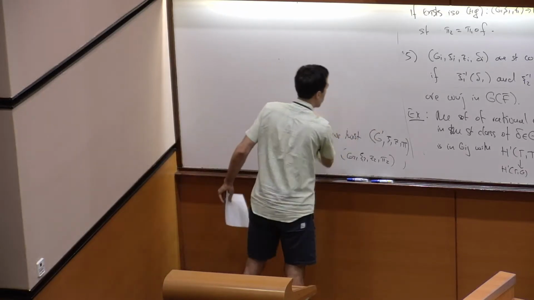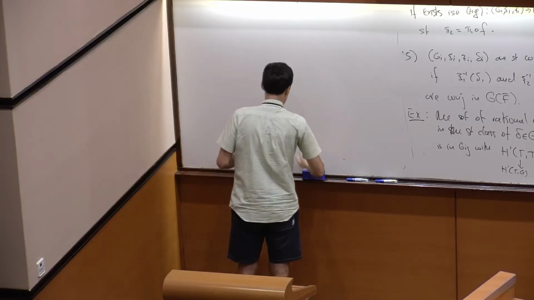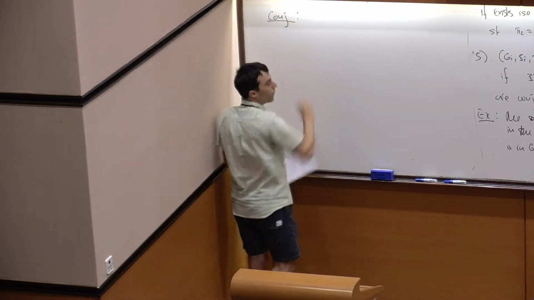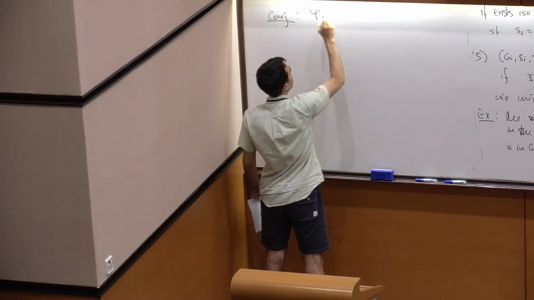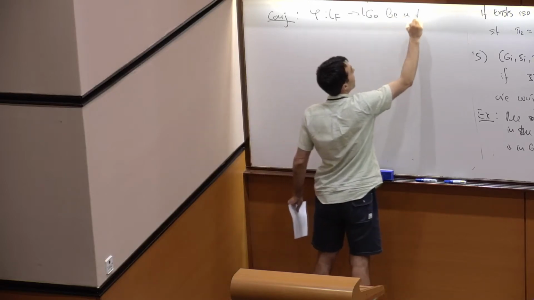And then we have a conjecture. We can now refine the conjecture. So let phi from L_F to L G_0 be a tempered parameter.